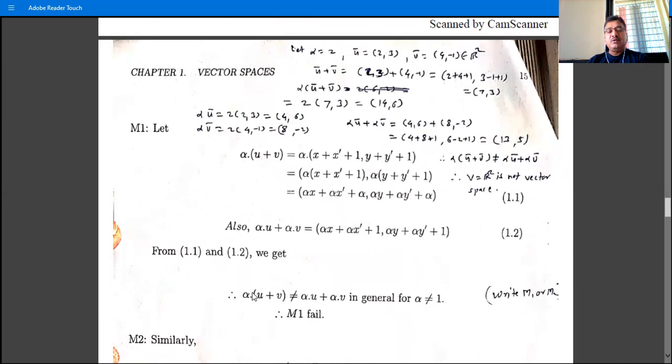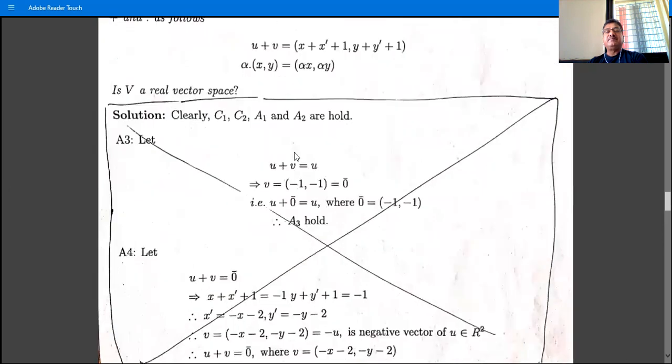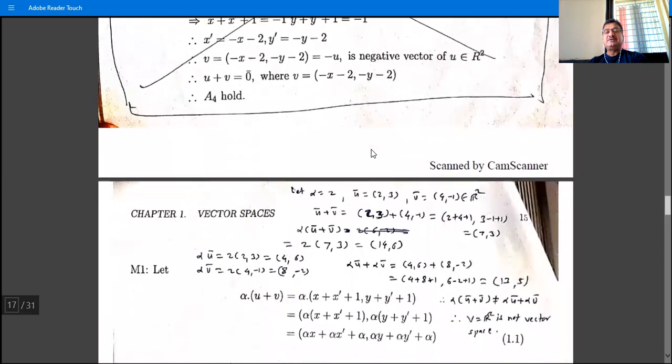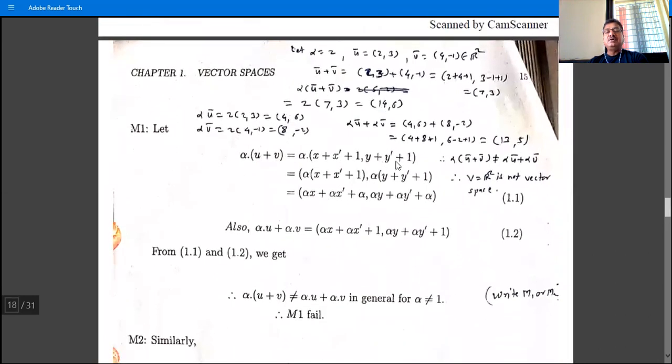Alpha times (u bar plus v bar) is alpha times (x plus x' plus 1, y plus y' plus 1). This is by using the definition of u bar plus v bar, because addition is not the usual addition.